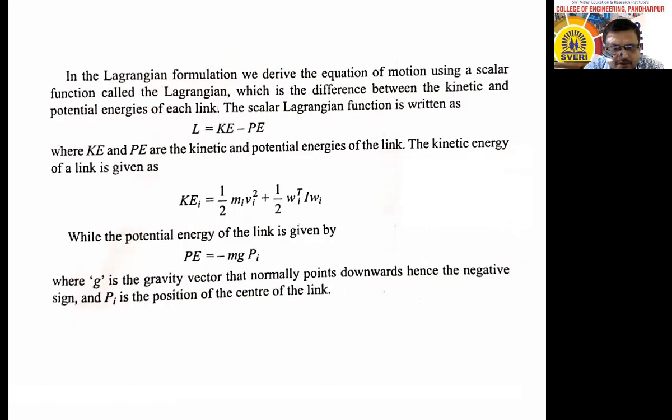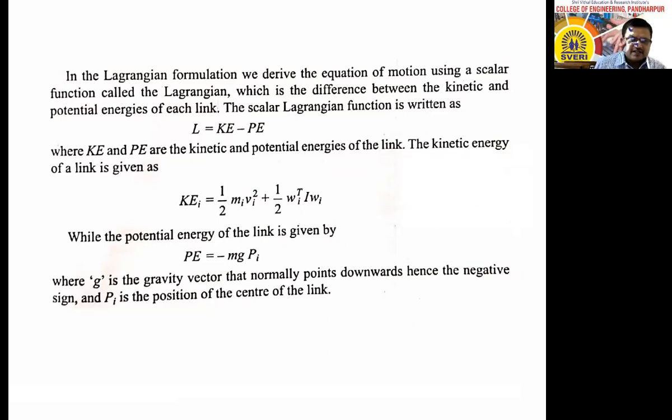In the Lagrangian formulation, we derive the equation of motion using a scalar function called the Lagrangian, which is the difference between the kinetic and potential energies of each link. The scalar Lagrangian function is written as L equals Ke minus Pe, where Ke and Pe are the kinetic and potential energies of the link.